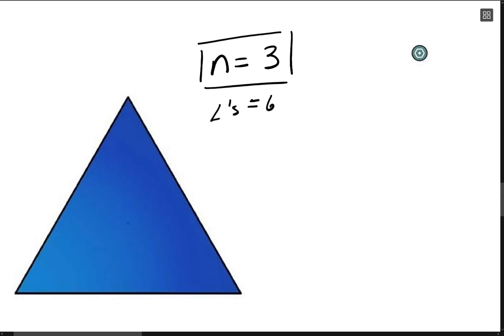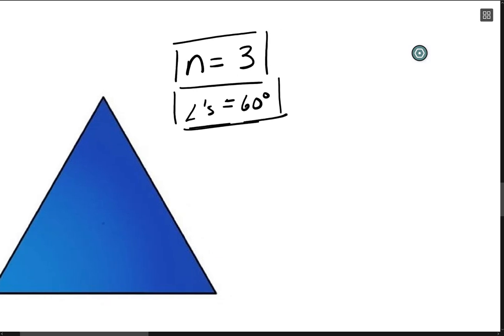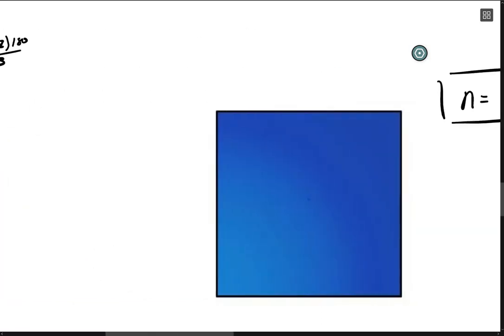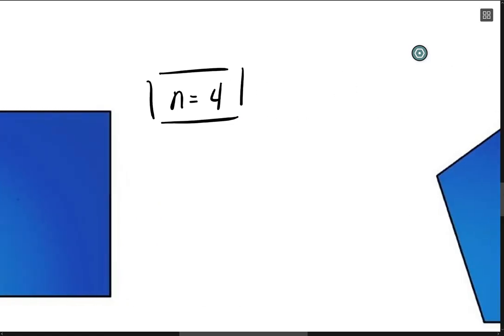So the angles are 60. That's because I went 3 minus 2 times 180 divided by n, which is 3. Well, when it's 4, what am I going to do? 4 minus 2 times 180 divided by what? What do the angles end up equaling?